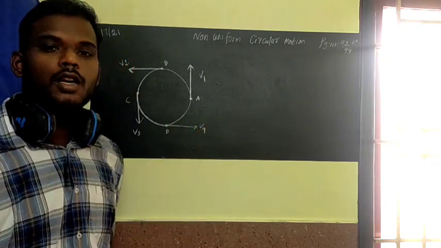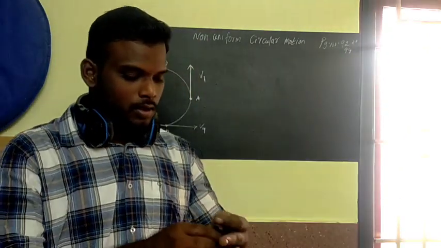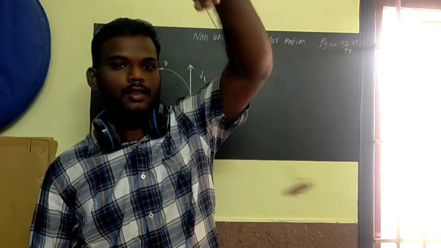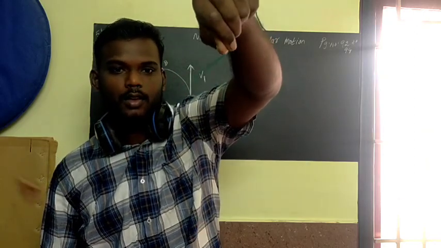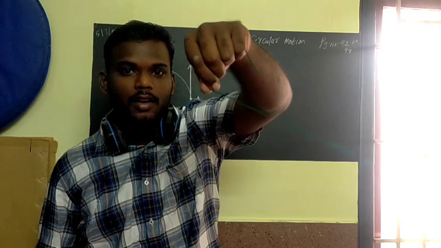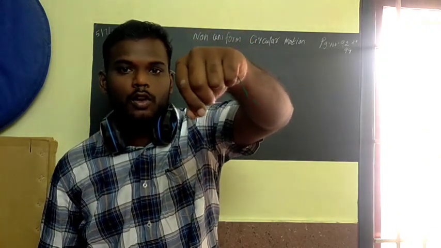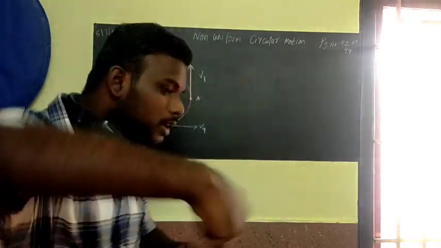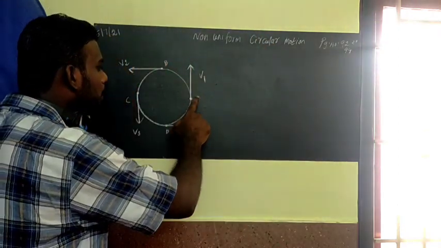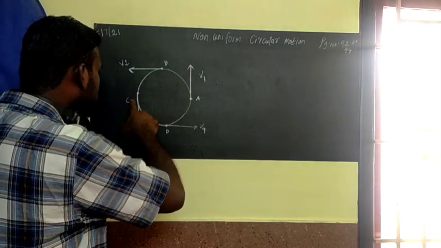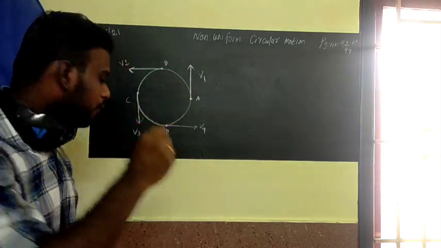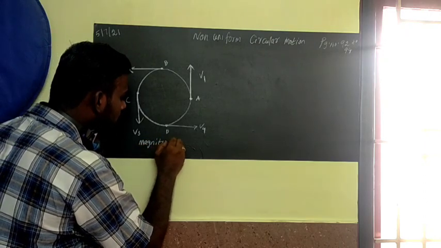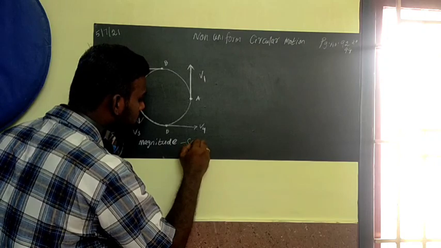So what is uniform circular motion? For example, if you rotate like this, it's called a horizontal circular motion. We know the merry-go-round, it's called a horizontal circular motion. Is that clear? So in horizontal circular motion, at every point, point A, point B, point C and point D, the magnitude, which means the value of velocity, remains the same.